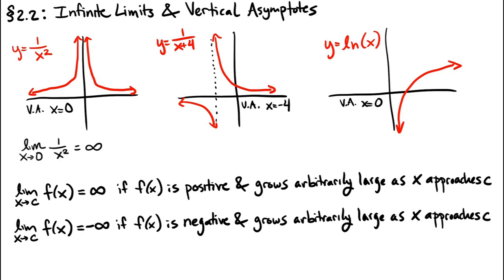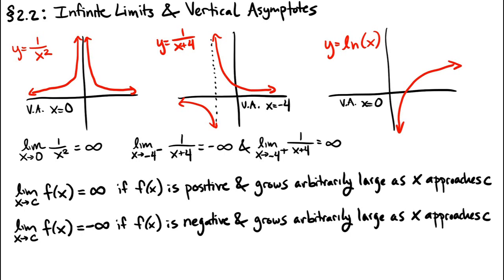For the first graph, y equals 1 over x squared, the two-sided limit as x goes to 0 is simply positive infinity. For 1 over x plus 4, as we approach negative 4 from the left, the function goes down to minus infinity, and as we approach it on the right, the function goes to plus infinity. Why is this?